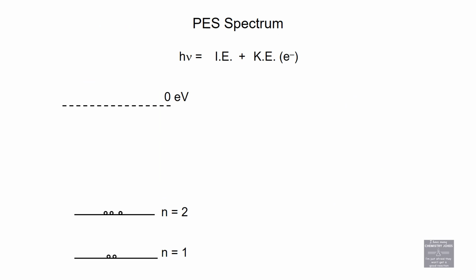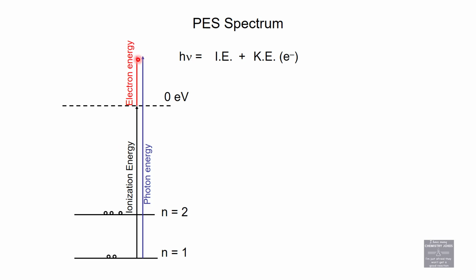So I said we can think about these energy diagrams as having electrons in them. So if I put in a photon energy that's this amount, that photon could rip an electron from the n equals 1 shell, and it would give me a kinetic energy of this little red arrow.